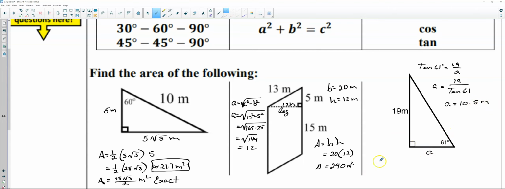So now that I have that, I look for the area. The area is 1/2 times 10.5 times 19.